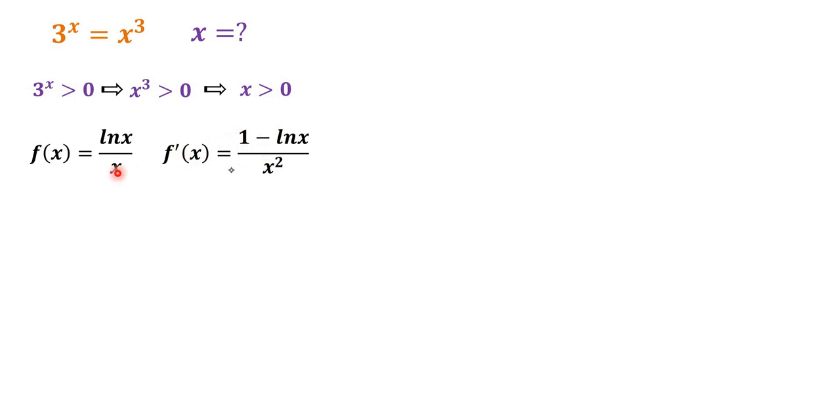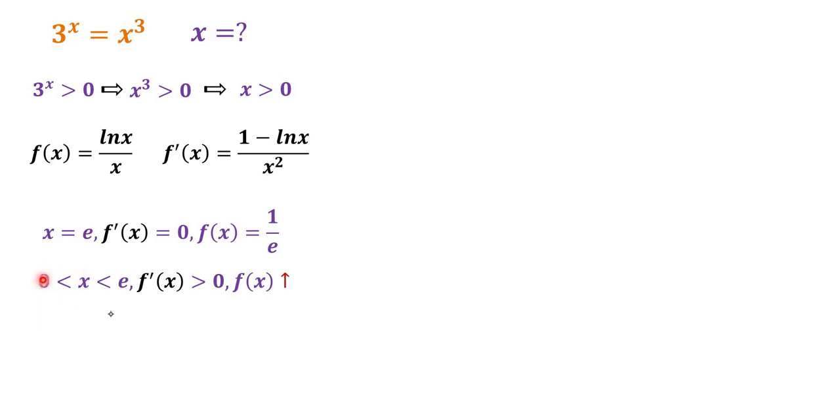So we get the original equation and we have f(x) here and the derivative of f(x). So let's look at the features of this function. When x is equal to e, the derivative of f(x) is equal to 0, and f(x) is equal to 1 over e. When x is greater than 0 and less than e, the derivative of f(x) is positive. f(x) increases in this range.